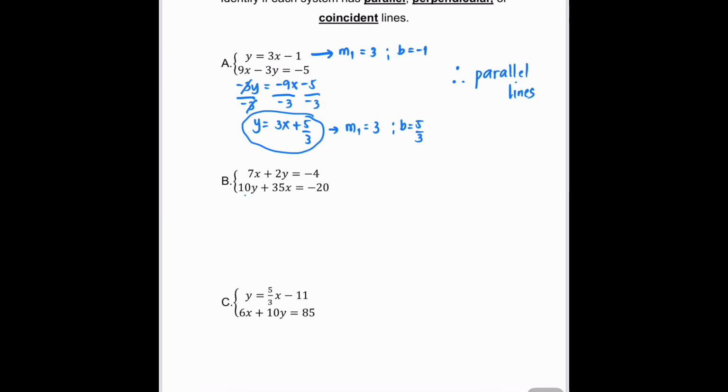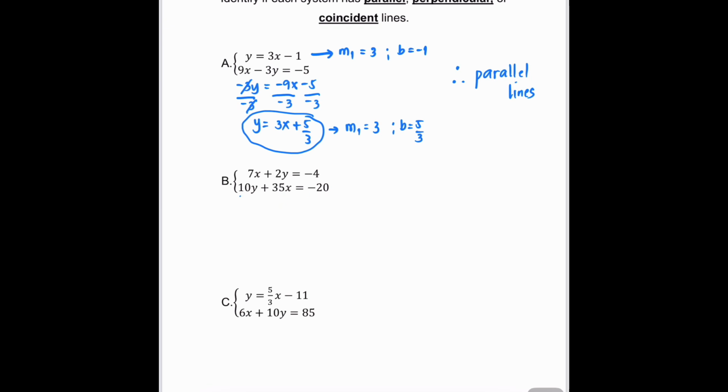But if you look at the second equation, you get 10y plus 35x equals -20. Looking at the coefficients of the x term and y term and the constant, you can observe that this equation can be reduced because all the coefficients and the constant can be divided by 5. 10 is divisible by 5, 35 is divisible by 5, and 20 is divisible by 5.